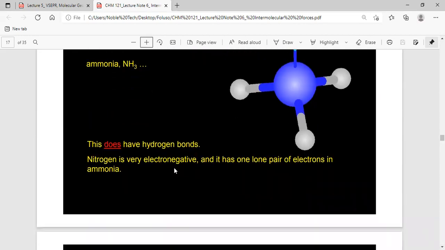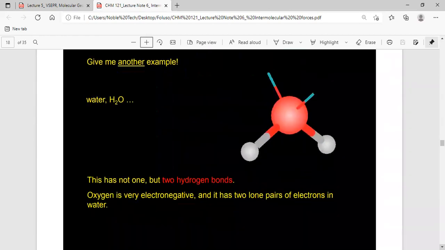Then nitrogen is more electronegative than hydrogen, so there's a polarization of the bond. And as you polarize the bond, the lone pair of electrons is also contributing a role. So nitrogen is very electronegative, and it has one lone pair of electrons in ammonia. As a result of that, you have hydrogen bond in ammonia.